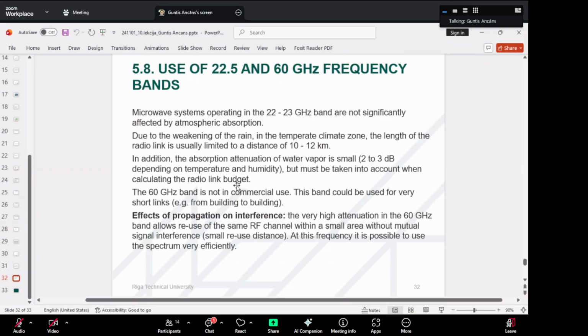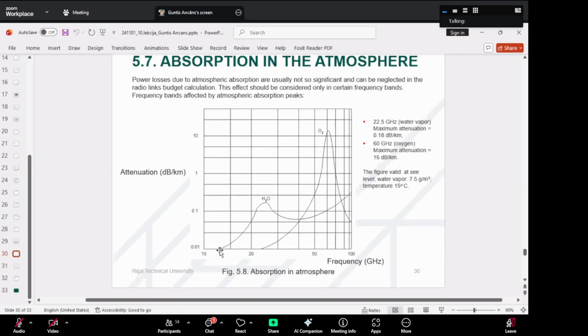For 60 gigahertz, we see that there is very large signal attenuation. Therefore, radio links can be projected at relatively small distances, for short radio links.